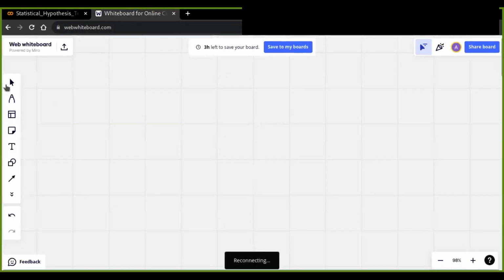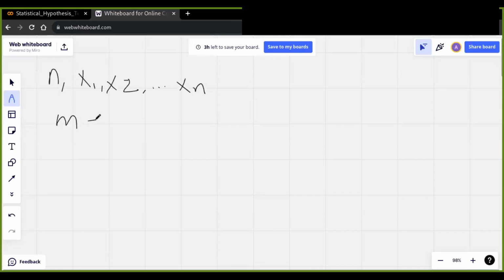Let's assume we have n number of values, such as x1, x2, up to xn, and we calculate the mean of the data sets using the sum of each value divided by the total number of elements.